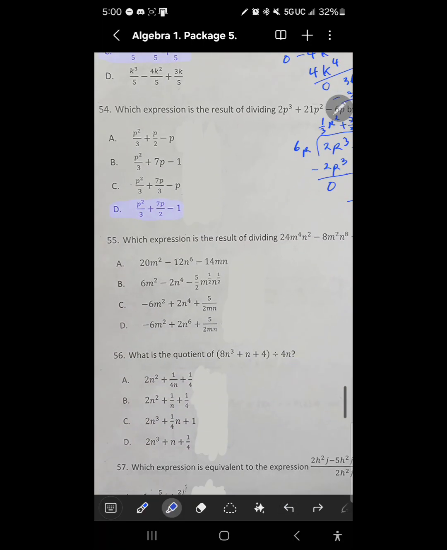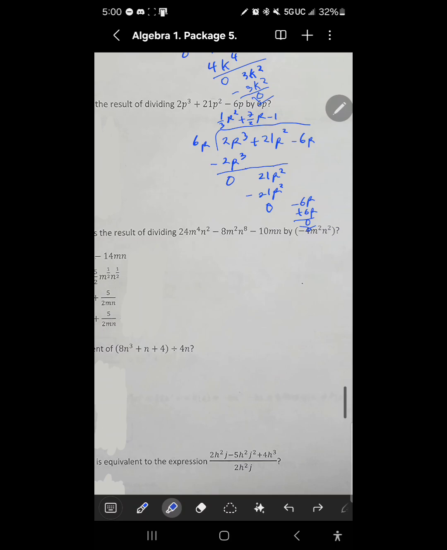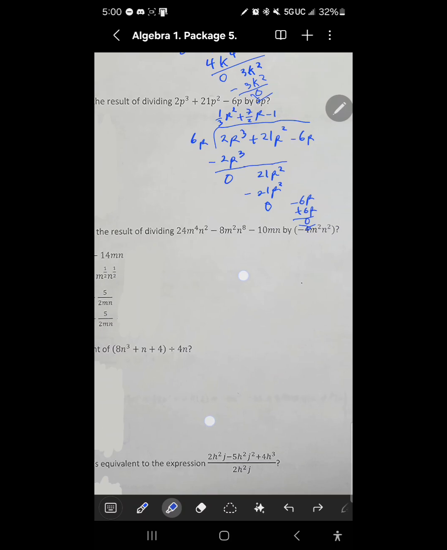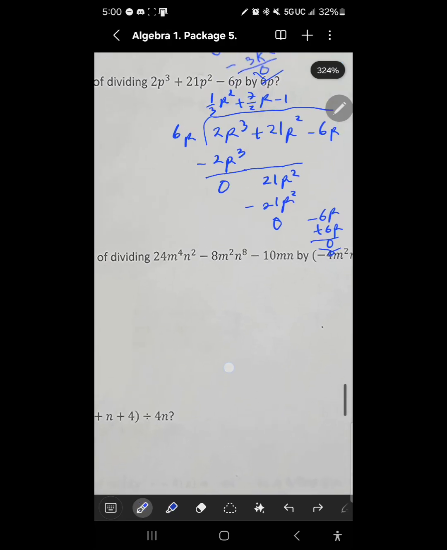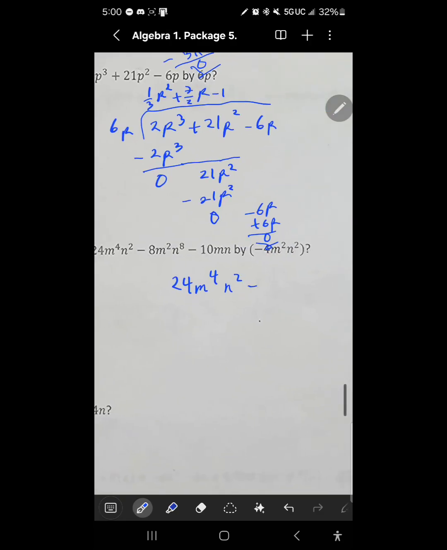Now 55. So we need to divide all that by 4m squared minus n squared. So let's look at it. So we have 24m4 and 2. Man, this is actually more complicated. It could be the last one we do today.